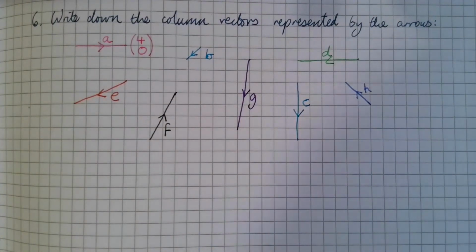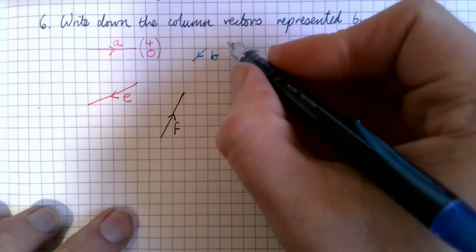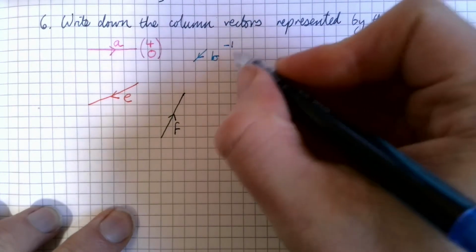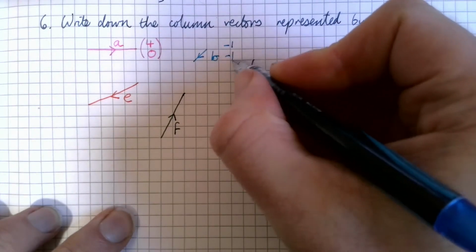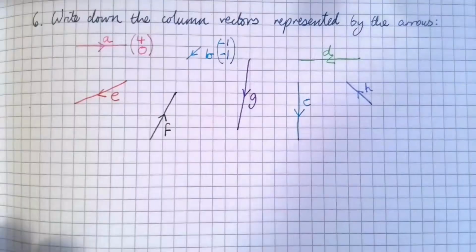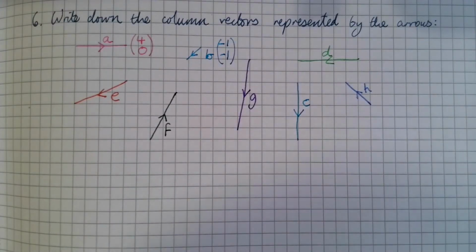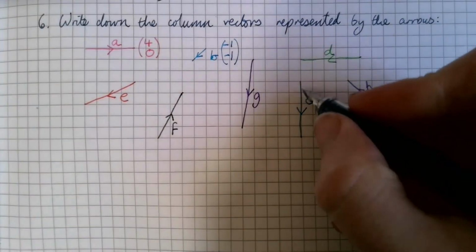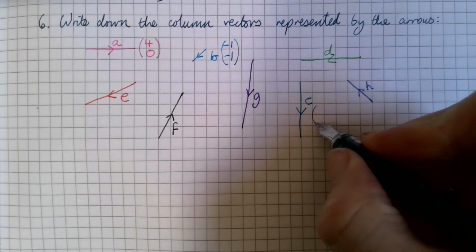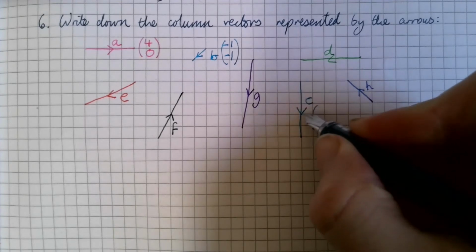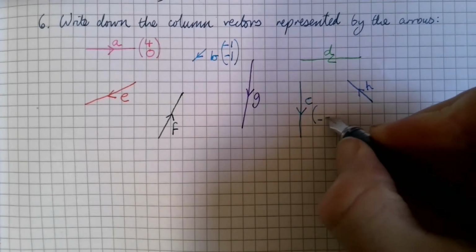B is going to the left 1, to the left 1 is -1, it's also going down 1, and that's -1 as well. C is going straight down. Now straight down is 1, 2, 3, 4, 5, -5.